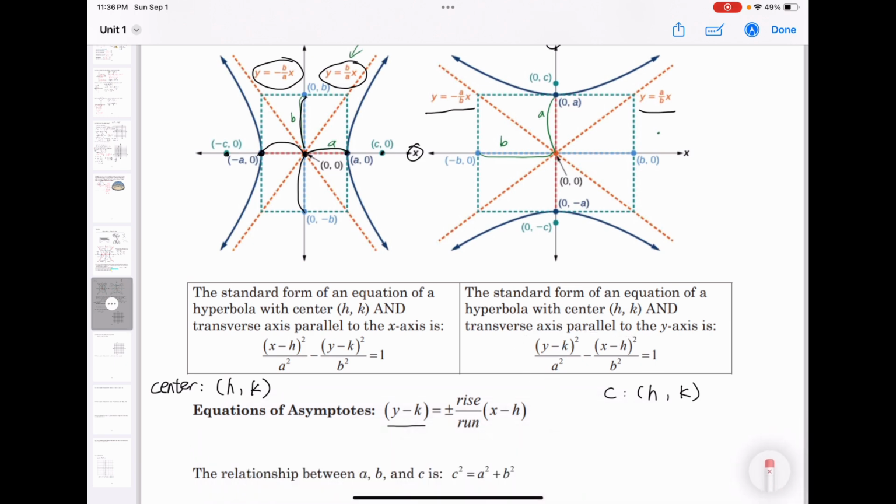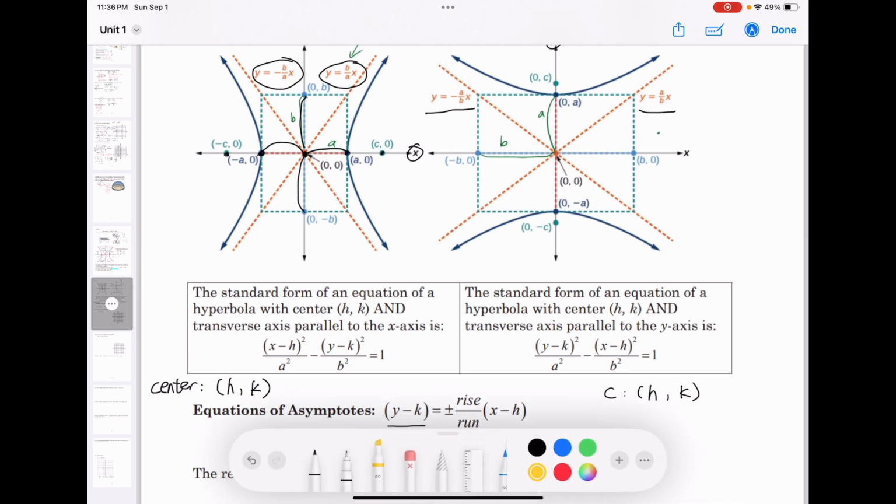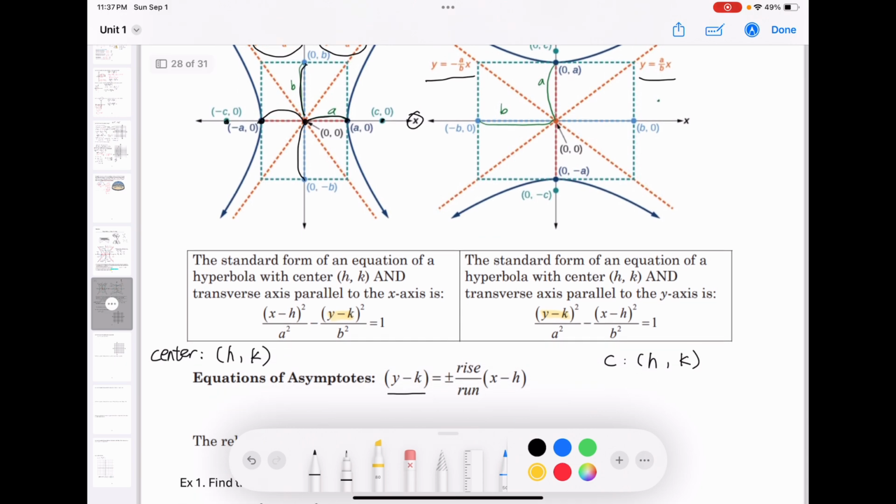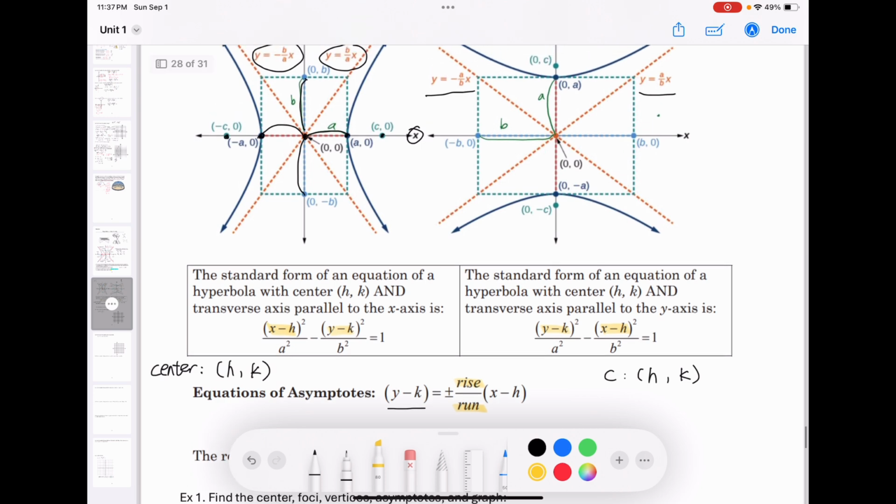So use y minus k, it is equal to plus or minus rise over run multiplied by x minus h. So x minus h can be found from the parentheses here. The hard part is rise over run, or we say the slope part.